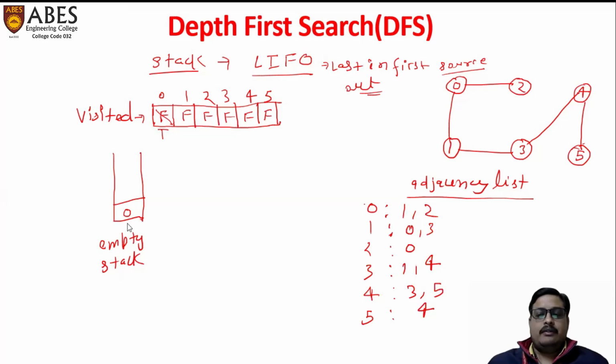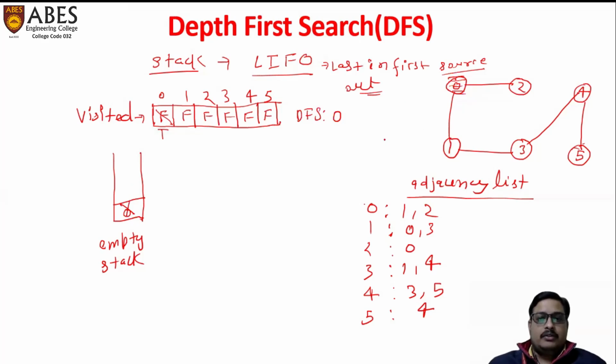Okay. So what we'll do, we'll pop this symbol from the stack and add this symbol to our DFS list. So we'll add this 0 in the DFS and mark it as visited. Now we'll put all non-visited nodes adjacent to this 0 in the stack.